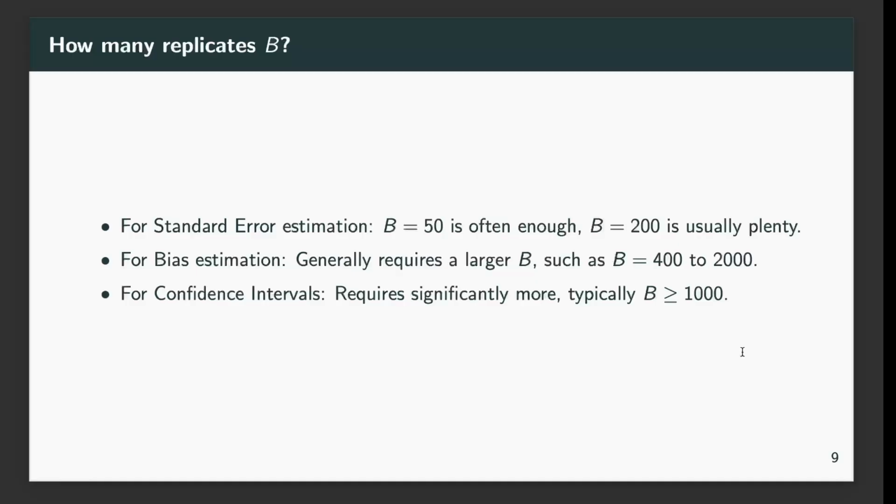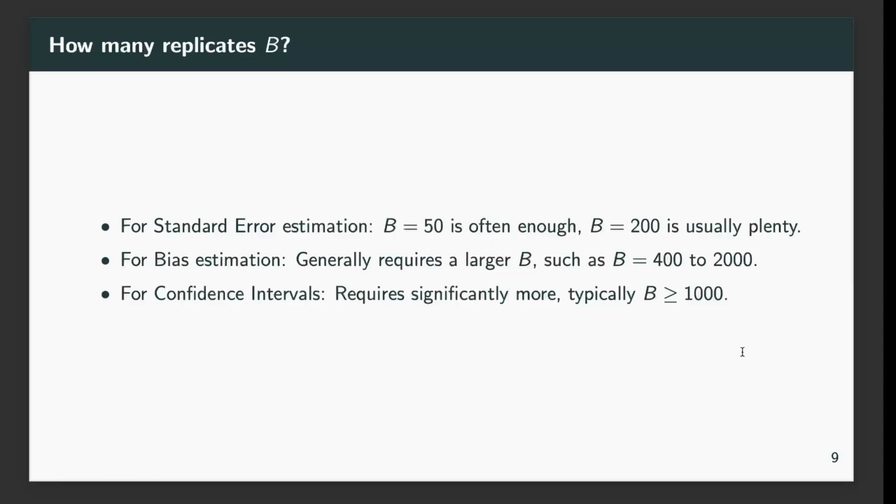For standard error estimation, B equal to 50 is often enough, and B equal to 200 is considered plenty. This is because the standard error is just the standard deviation of the bootstrap distribution, and it usually stabilizes quickly. Even with only 50 replicates, you can get a good estimate of the standard error.